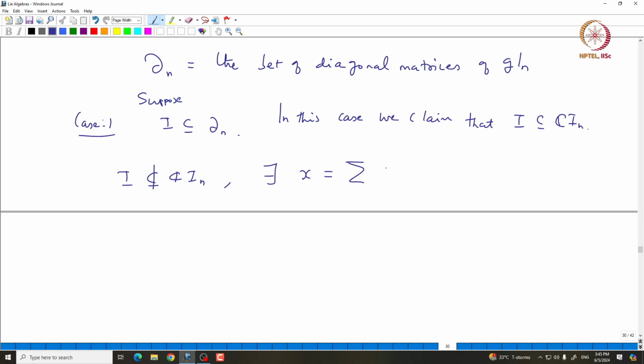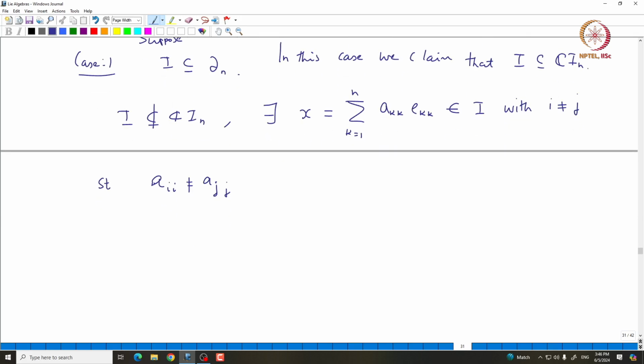which looks like summation a_kk e_kk, where k ranges from 1 to n, inside I, but the a_kk will not all be the same. So, there exists a pair i not equal to j such that a_ii is not equal to a_jj.